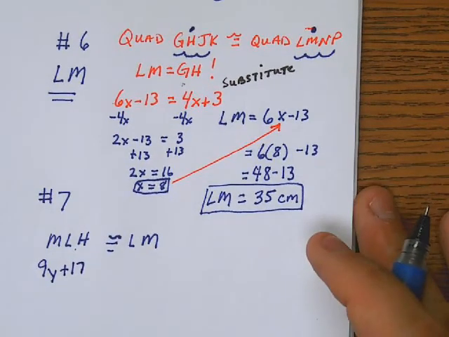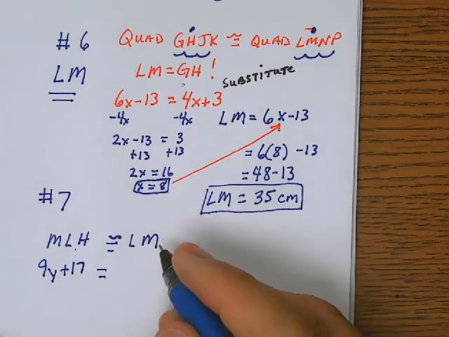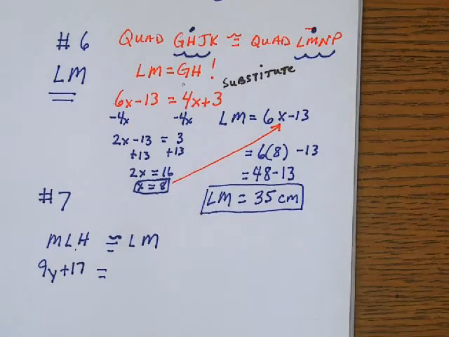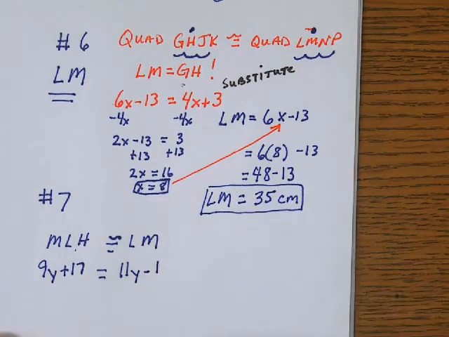Do you see that, Ethan? Okay. And then what's the measure of angle M? Again, it's got a parenthesis. 11y minus 1. Good. You just generated an equation. Now we got to solve for y.